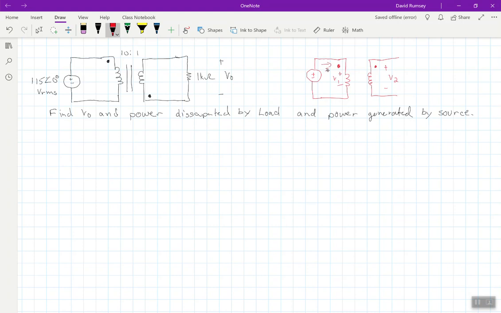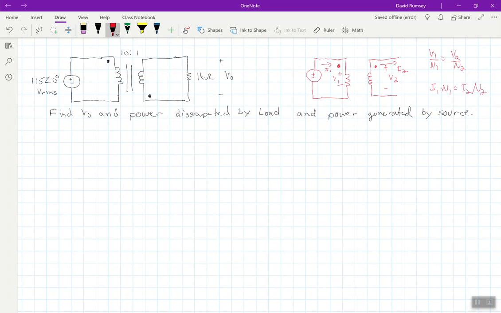Then I1, the arrow was going into the dot. And then I2, the arrow was leaving the dot. And that's important because the equations we got here were that V1 over N1 is equal to V2 over N2, and that I1 N1 is equal to I2 N2.